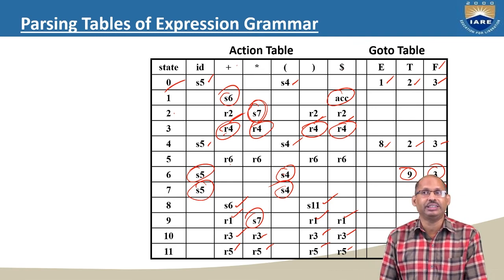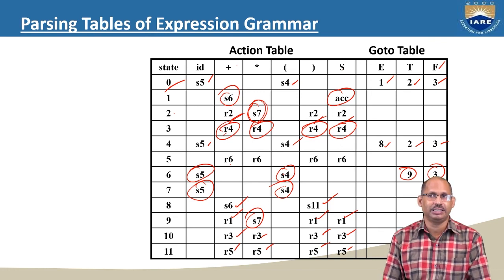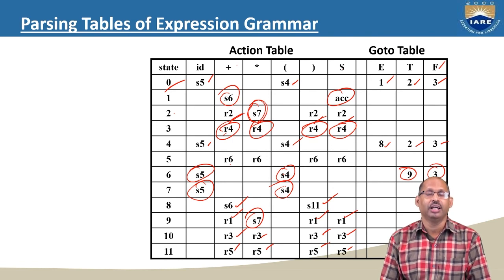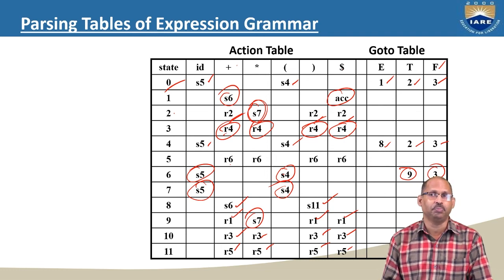So this is the procedure: construct the canonical closure sets I0 to In and find the Goto operations. Then using that, if it is a terminal, we write in the action table. If it is a non-terminal, we write in the Goto table. If dot is at the end of the special production, we write accept. If dot is at the end of other productions, we consider the follow of the variables, and in those particular terminal columns we write the reduce operations of the productions.